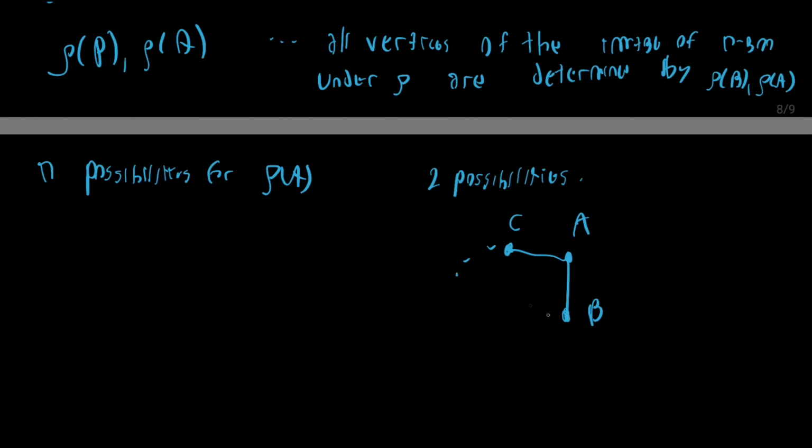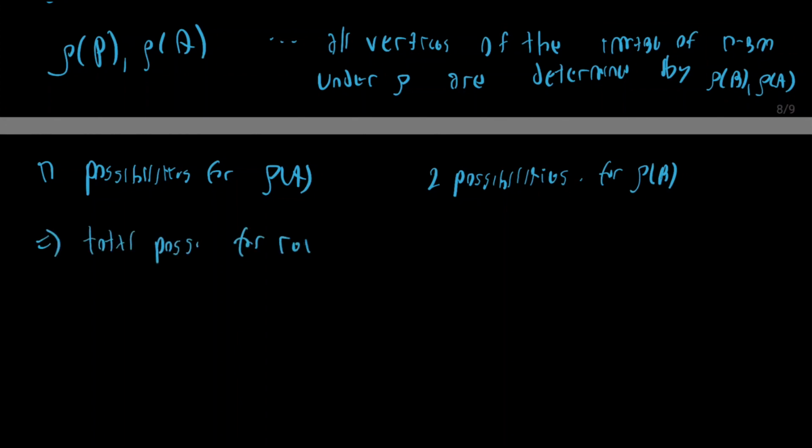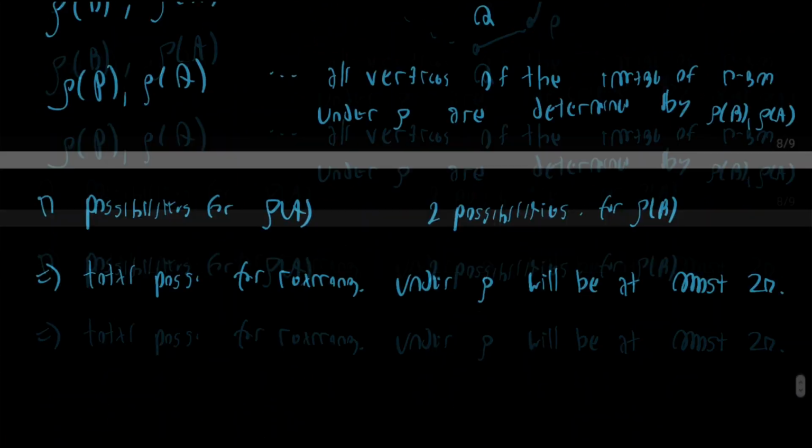So there are two possibilities for the second one, meaning that the total possibilities for the rearrangement under rho, which is an isometry, will be at most 2n. And this is the conclusion for the first part of the proof.